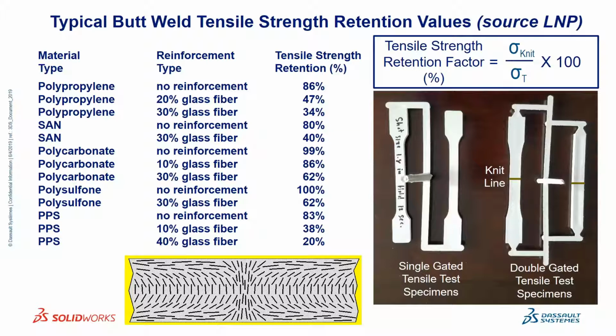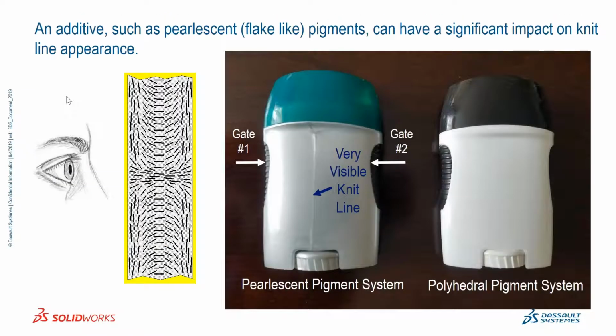In addition, you're not having glass fibers cross over through the interface, and therefore you're not achieving the same level of strength. So while weld strength numbers are hard to come by, you are more likely to find them for certain grades of material, specifically glass reinforced materials, because it is such an issue.